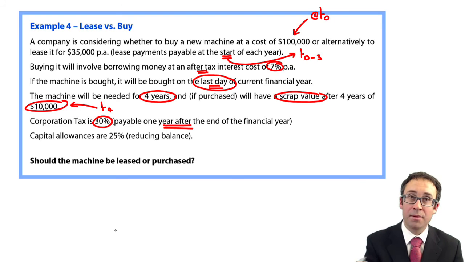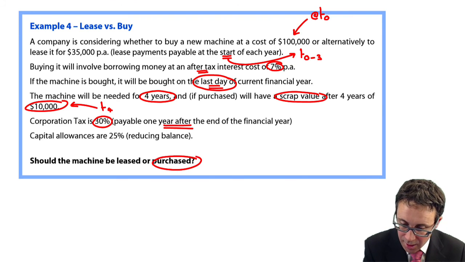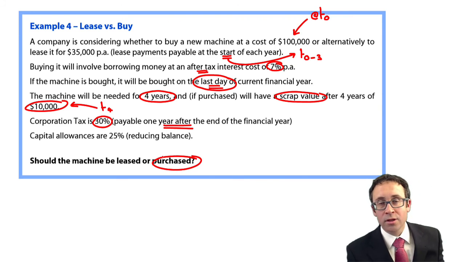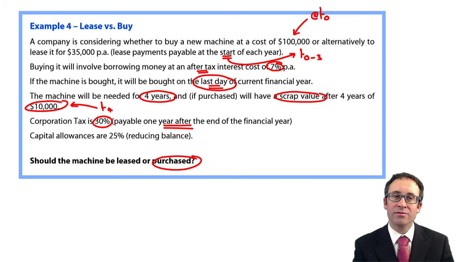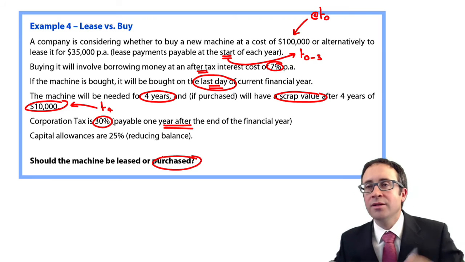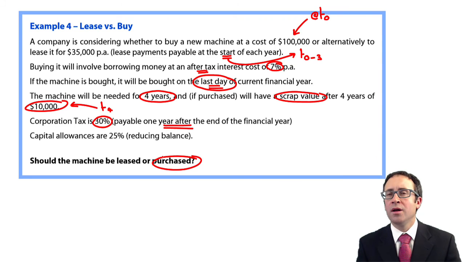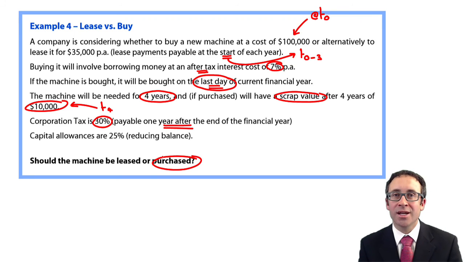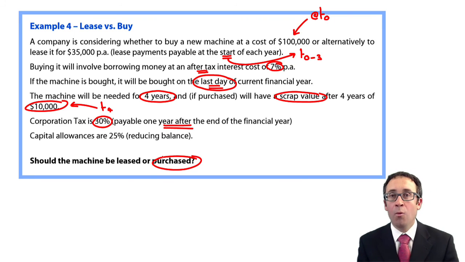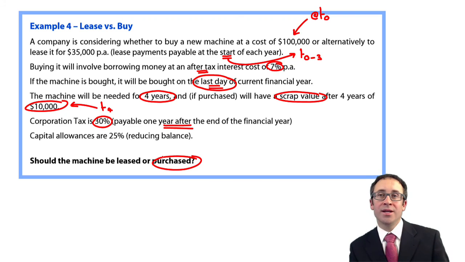So should the machine be purchased or leased? It should be purchased, because it is cheaper in present value terms. That ignores other things: will we actually get the 10,000 at the end of the asset's life? Will the tax rate remain at 30%? Might it change?